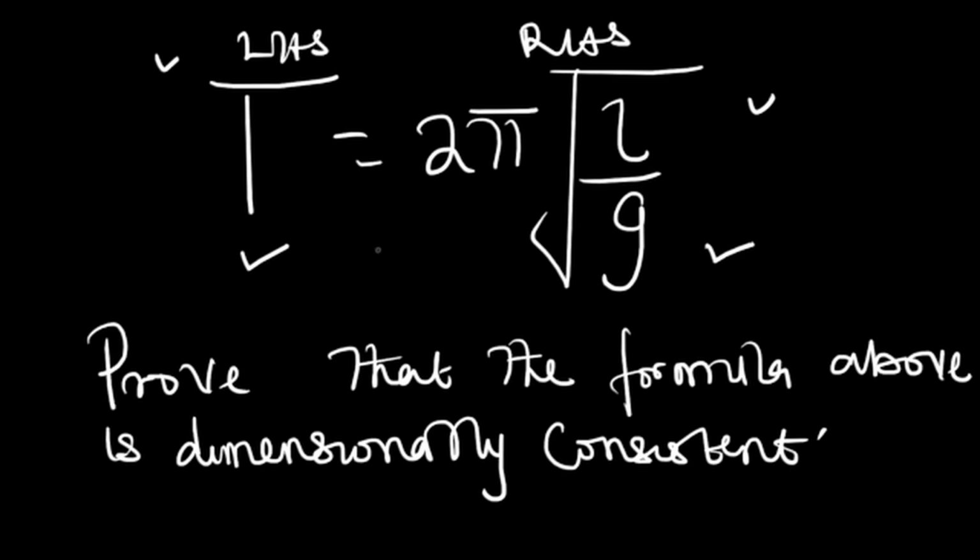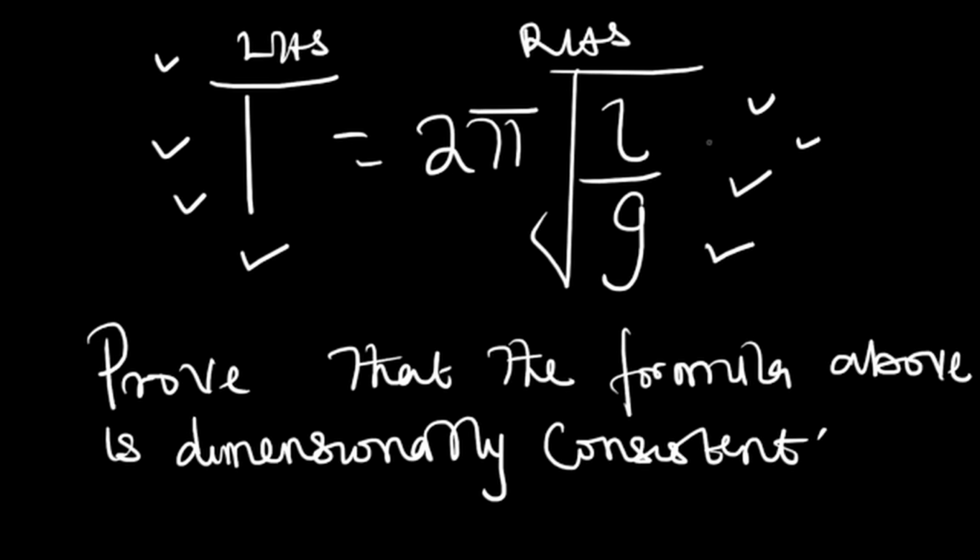Now, based on this principle of homogeneity, it implies that what we have on the left must be equal to what we have on the right for this principle to hold true. In a situation whereby we go on to prove that this equation is dimensionally consistent, but we arrive at different solutions, for example, if we arrive at a T on the left and arrive at something else on the right, it means that either we are wrong or the equation is not dimensionally correct.